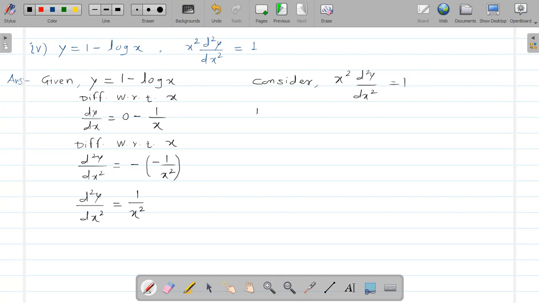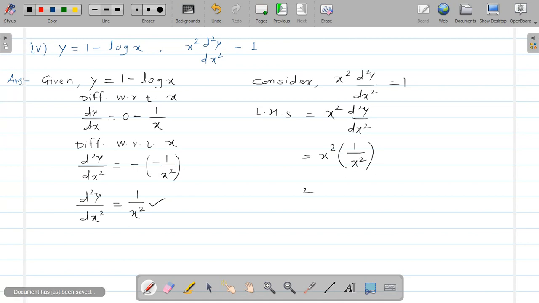Now take the LHS, that is x square into d square y upon dx square. Put the value of d square y upon dx square as 1 upon x square here. So it is x square into 1 upon x square, and after cancelling, x square and x square get cancelled, and hence you will get 1, and it is nothing but the RHS.